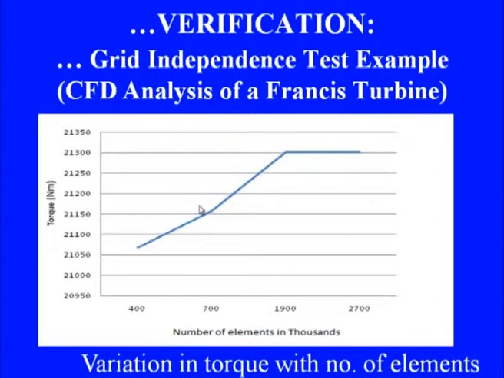Now, these two are scalar parameters which are obtained as integrated effect of the numerical solution. So, these are easy to use for the verification purpose to establish the grid independence. So, we can say, with the grid size of 1.9 million or 2.7 million, with both of these there is no change in the numerical result.